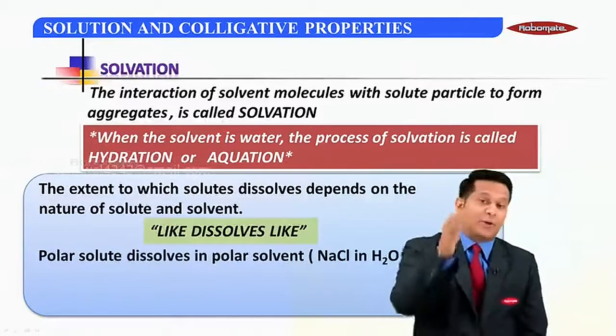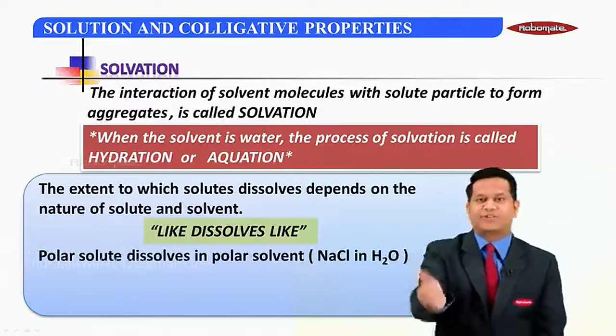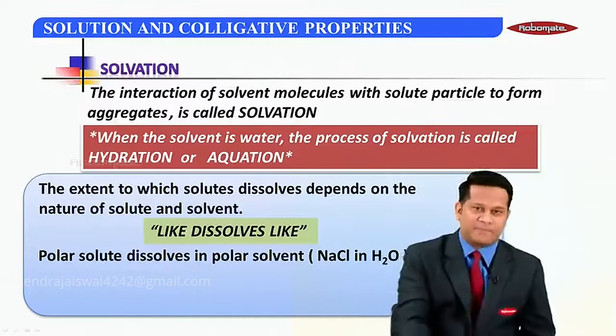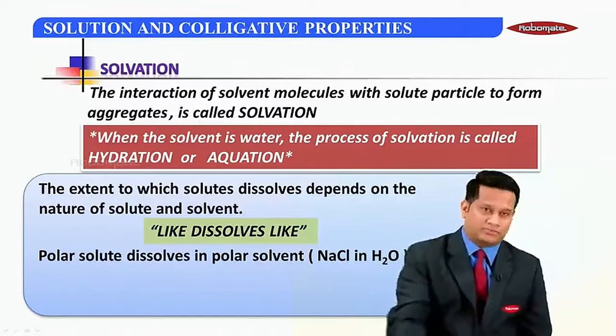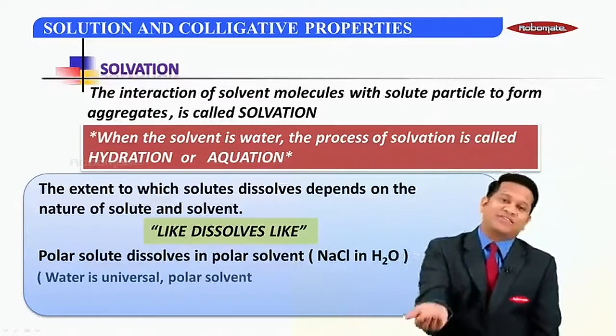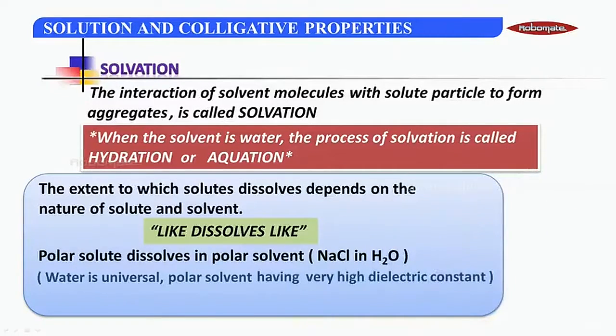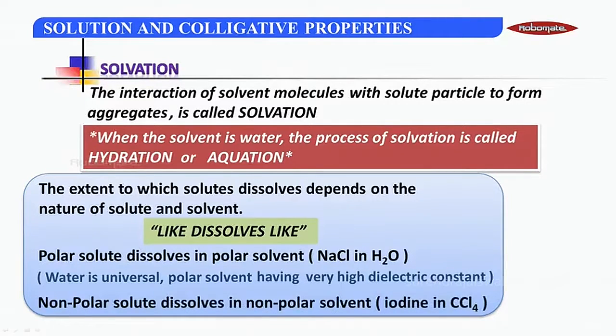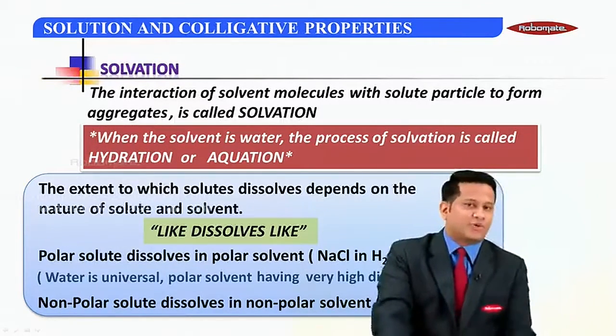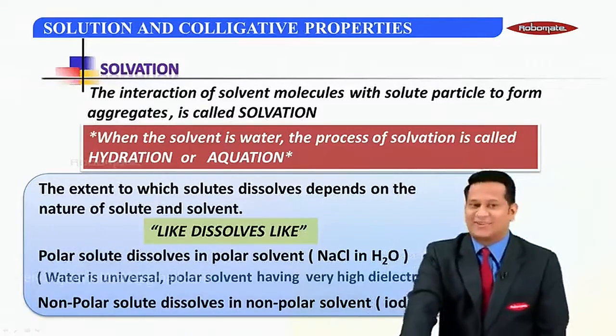It means that a polar solute should be dissolved in a polar solvent, like NaCl in water, because water is a universal polar solvent and it has a very high dielectric constant. The other example to prove this is a non-polar solute dissolving in a non-polar solvent. The example is iodine in CCl4. Correct? So that's what we have for this particular module. Thank you so much.